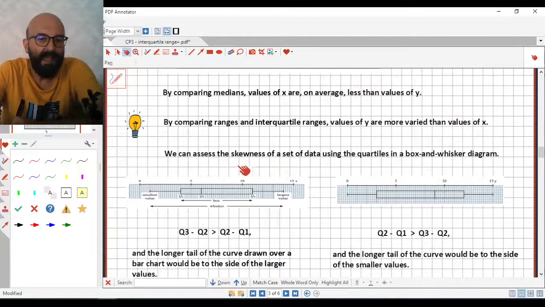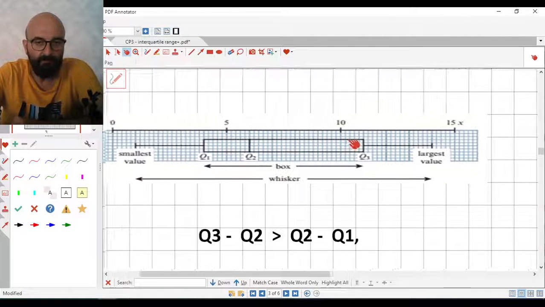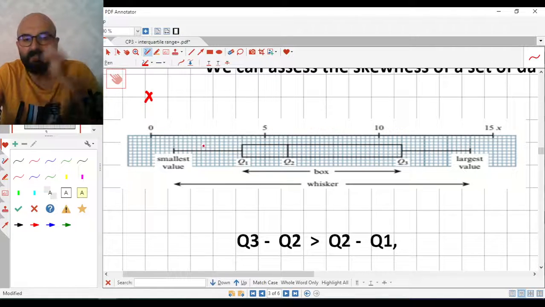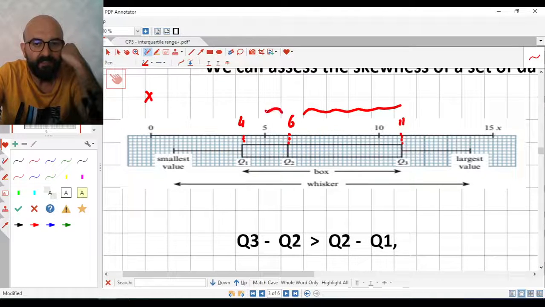We can assess the skewness of a set of data using the quartiles in a box and whisker diagram. For example, please remember the box and whisker diagram for dataset X. Q1 is 4 and Q3 is 11, Q2 is 6, and this range is bigger than this range.